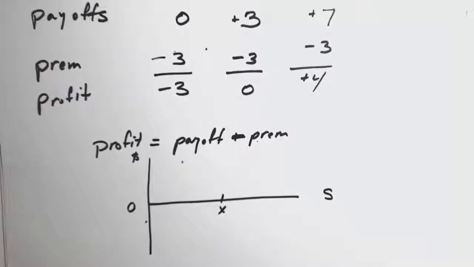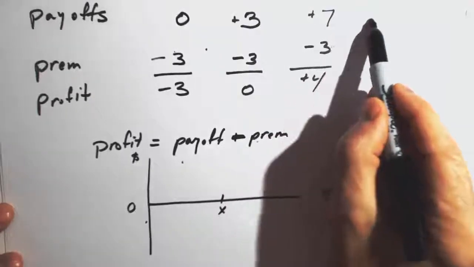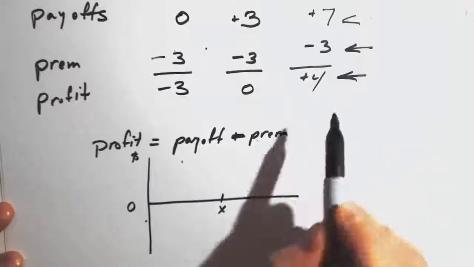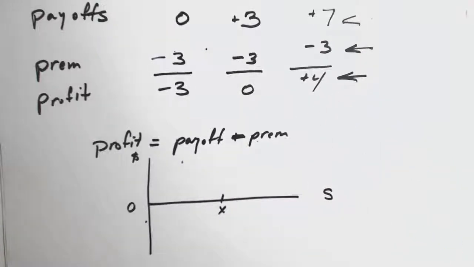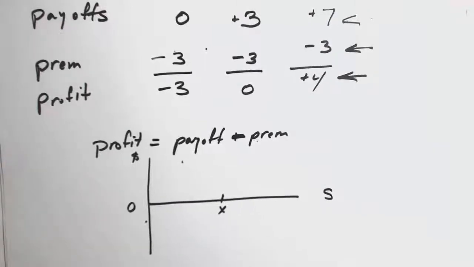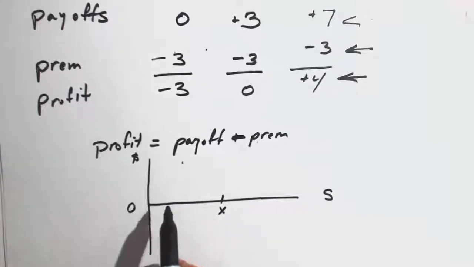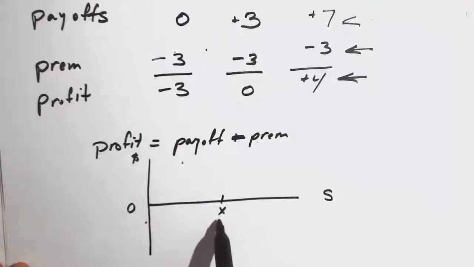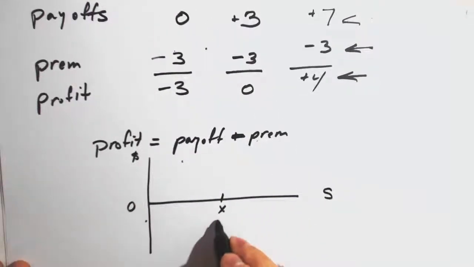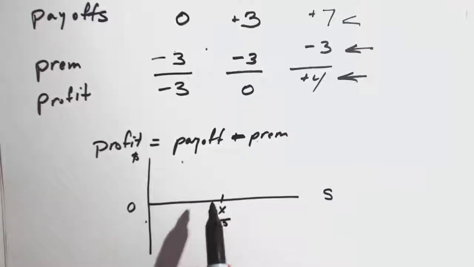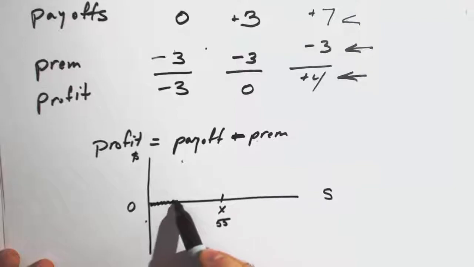Now it's a question of how you graph the payoffs, the premium, and the profit. Let's start with the payoff first. When the stock is below the strike, put the number in for the strike, which was 55, the payoff is 0.